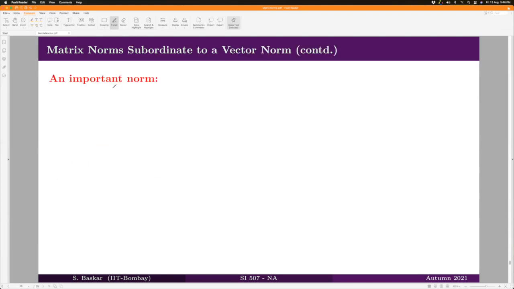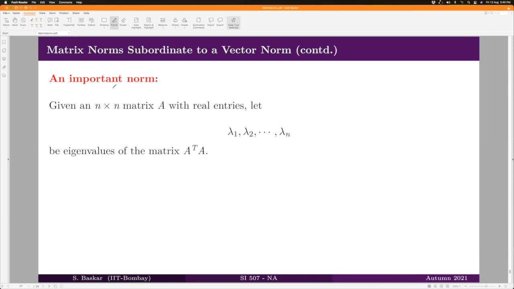Another interesting and important example of matrix norms is the following. You are given an n cross n matrix A with real entries. Consider the matrix A transpose A and find all its eigenvalues.